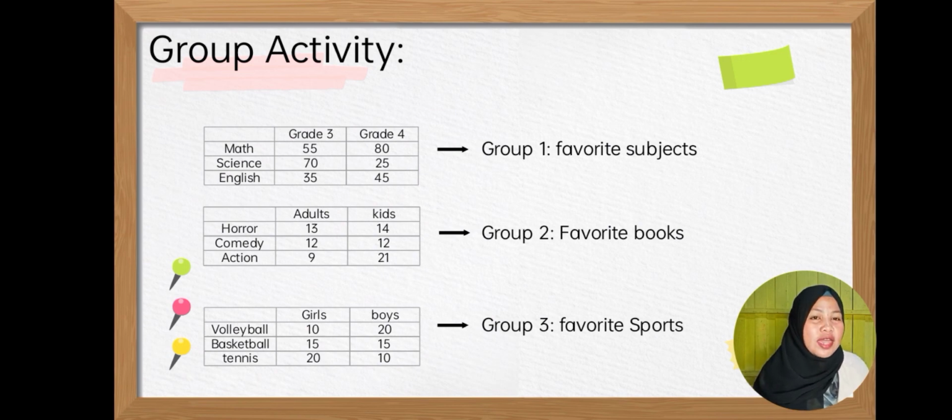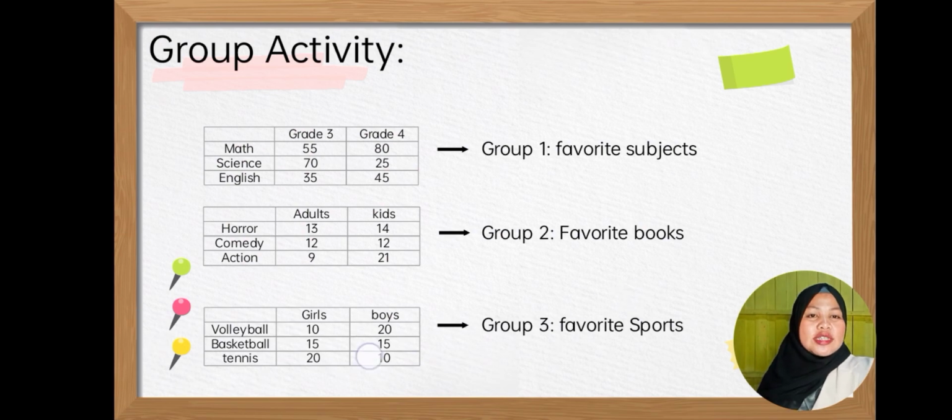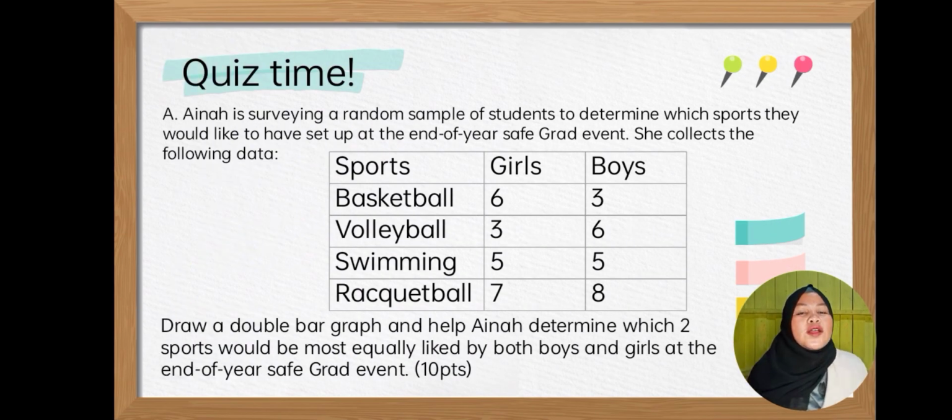So, if you don't have any question, let's have a short quiz. But I will be giving you enough time to answer your quiz. Okay? Quiz time. Aina is surveying a random sample of students to determine which sports they would like to have at the end of year safe grad event. She collects the following data.